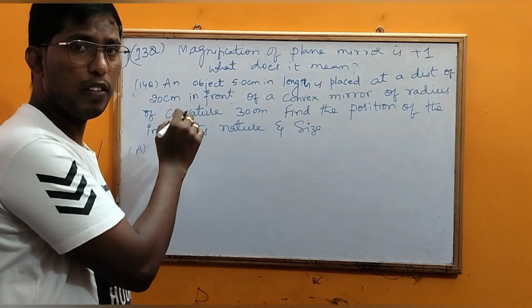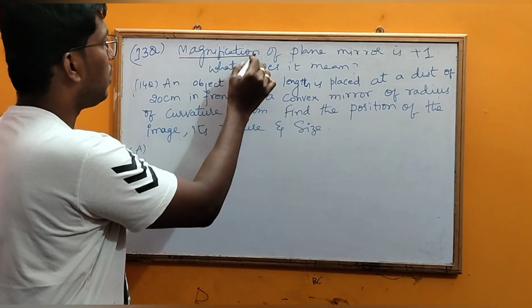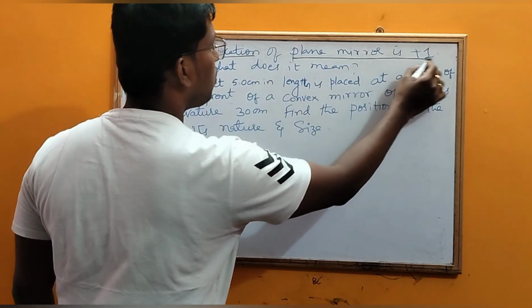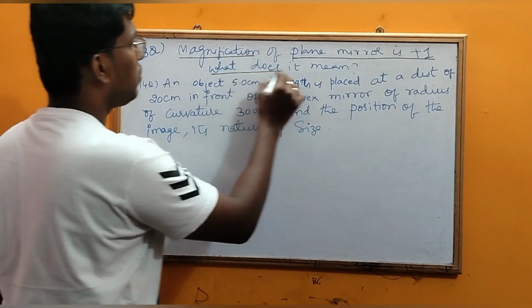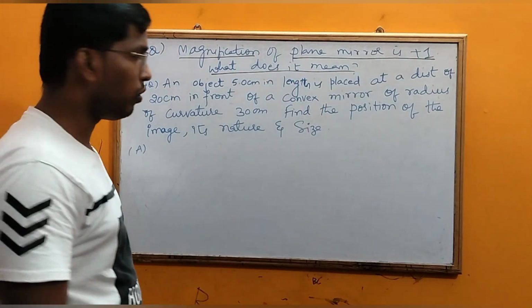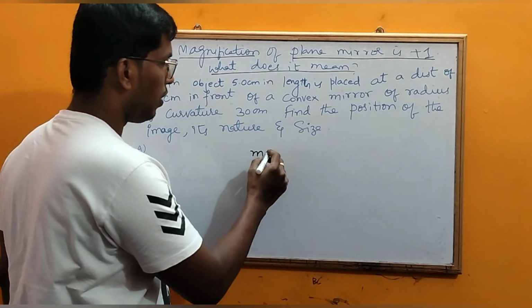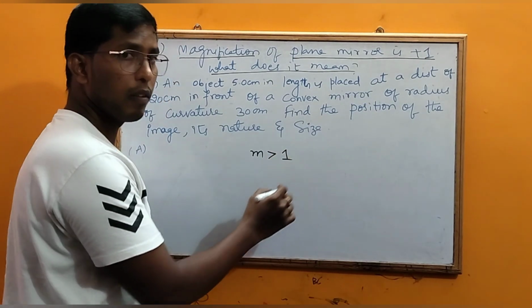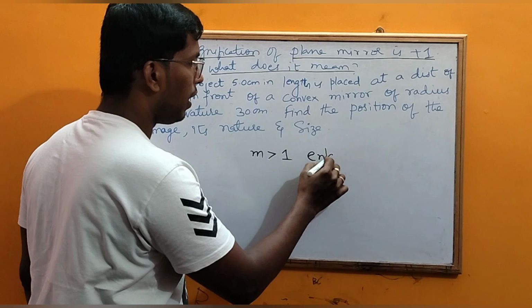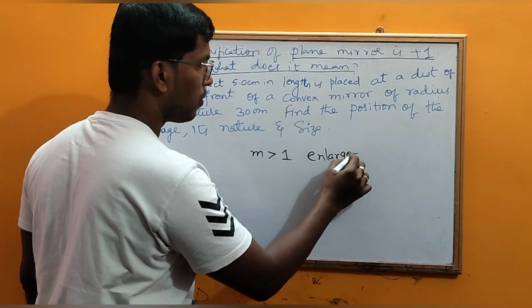13th question is magnification of a plane mirror is +1. What does it mean? As I told you already, if magnification is greater than 1, image will be enlarged image.